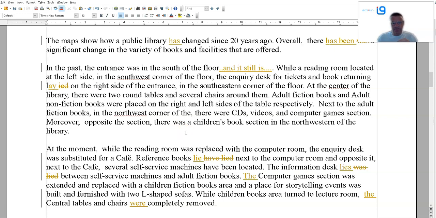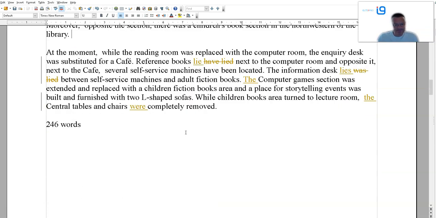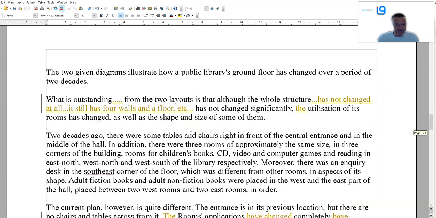So you go in, left side, right side, in the center, northwest. So again, is that a logical way to put the information down? I don't really think so. Take a look at the next one.